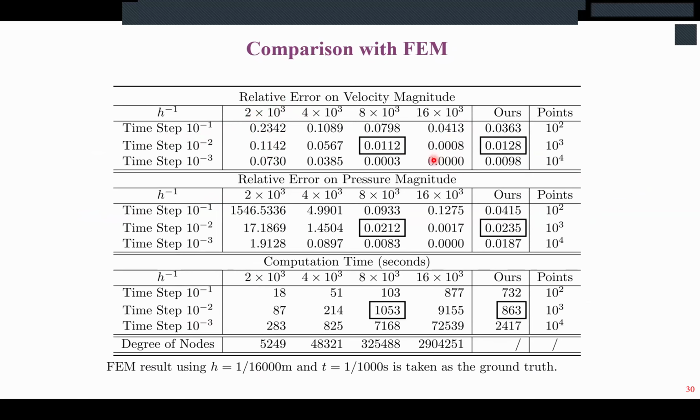That means the mesh and time step of this entry is treated as the ground truth, and for this ground truth we take approximately 70,000 seconds to compute it. You can see our results are comparable to the results of the corresponding finite element methods, but the computational time is slightly lower compared to the finite element method.